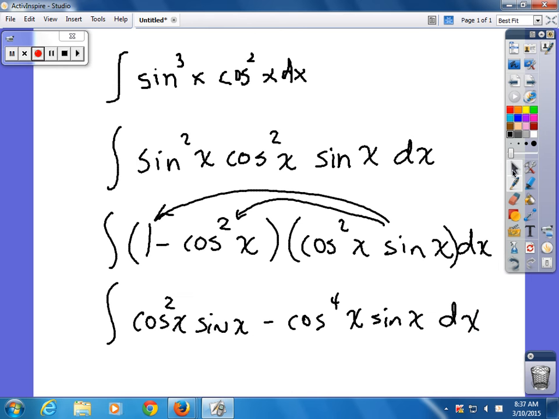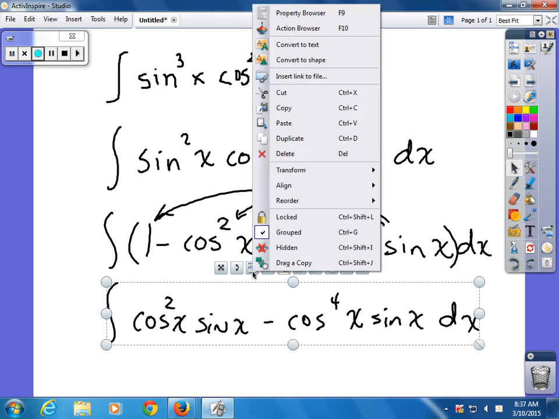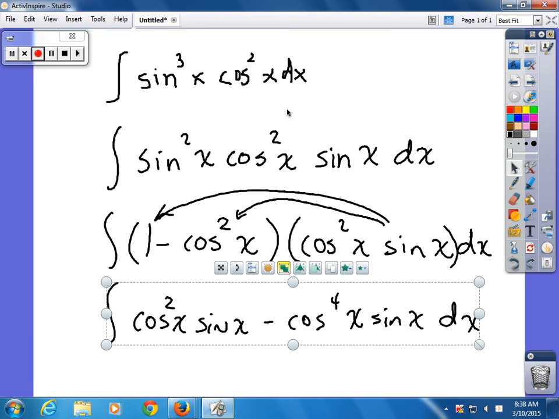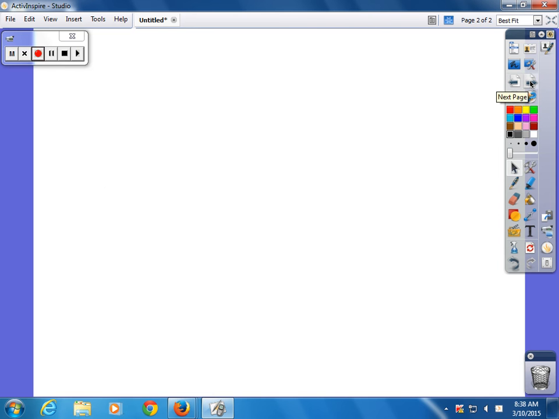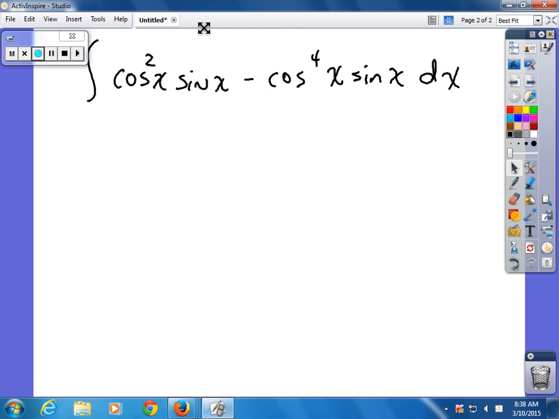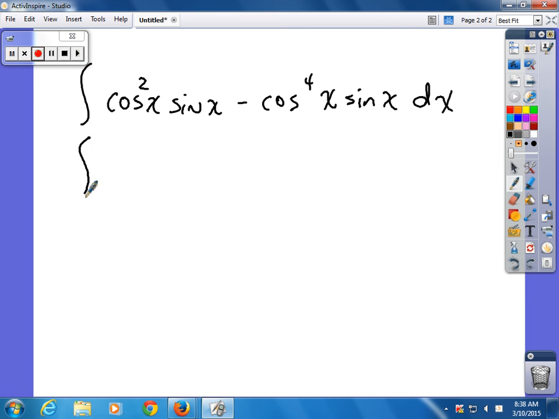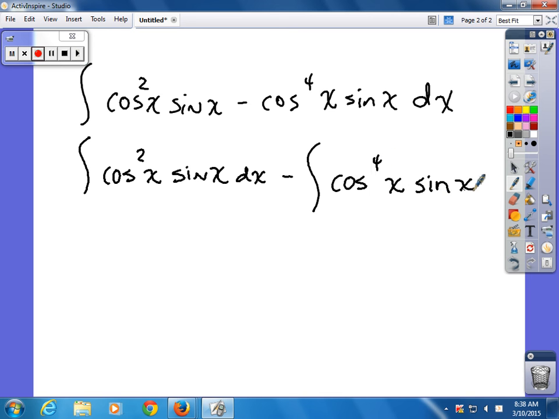In fact, I'll just take this for the next page. And we'll get the antiderivative of cosine squared of x, sine of x, dx, minus the antiderivative of cosine fourth of x, sine of x, dx.